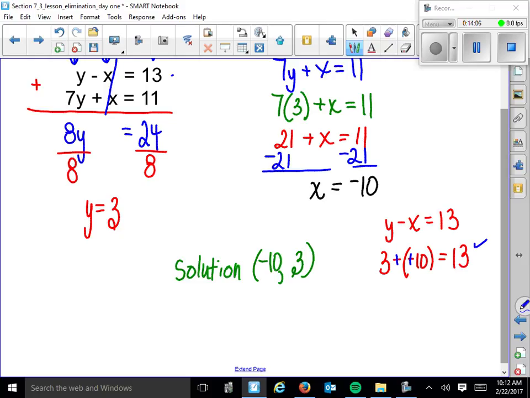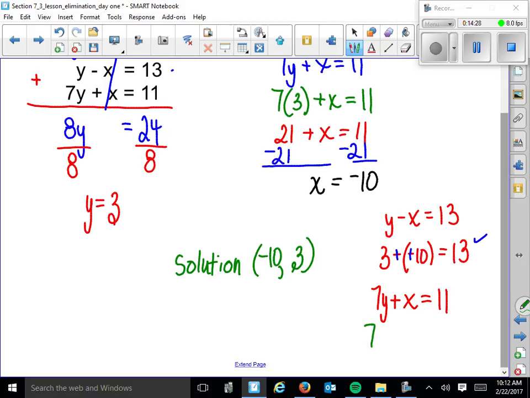The second equation was 7y plus x equals 11. I know that that's going to be true because that's the equation I used to solve for x, but I'm going to go ahead and check anyway. All right, so 7 times 3 plus negative 10 equals 11.